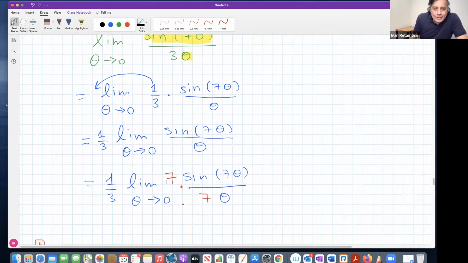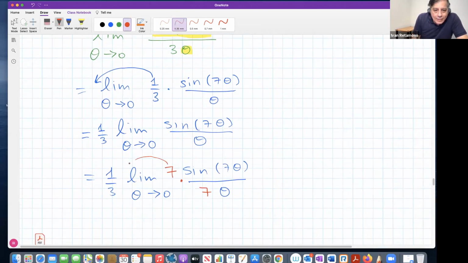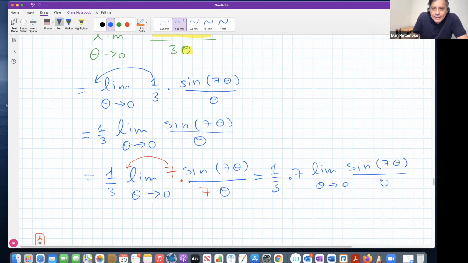But now it's time to take this out. Take this out. So you will get this 1/3 times 7 outside, limit as theta approaches 0 of sine of 7 theta over 7 theta. But don't forget the 7 there. Aha.